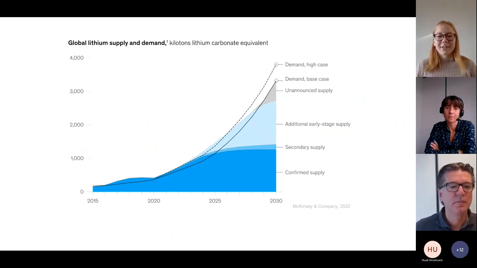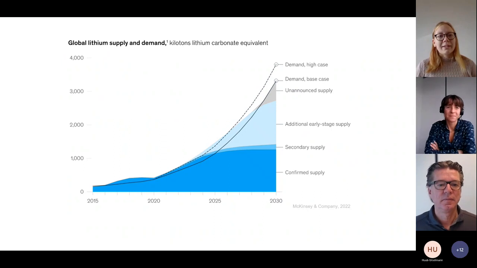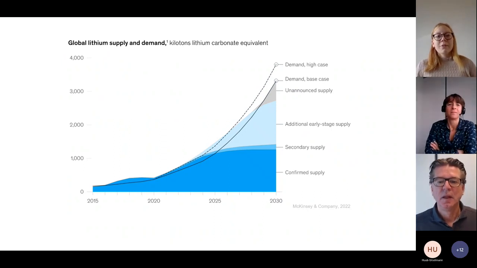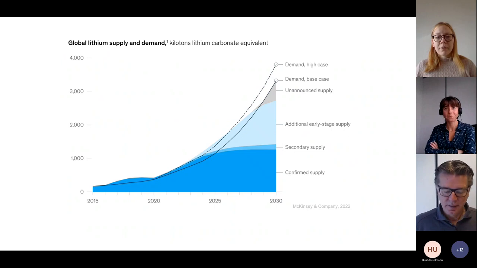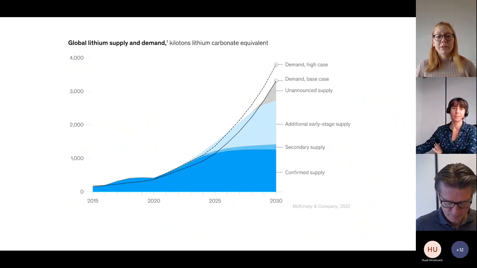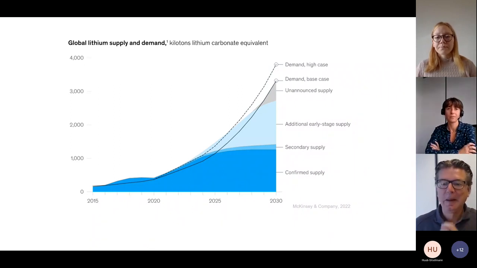This is quite a good graph in my opinion. I'm going to explain it a little bit. I stole it mainly because the colors are really nice. It's from McKinsey, and this shows the global lithium supply and demand. So lithium is actually supplied from ores, so mined, and also through the lithium salts, where it's extracted from the salt deposits.